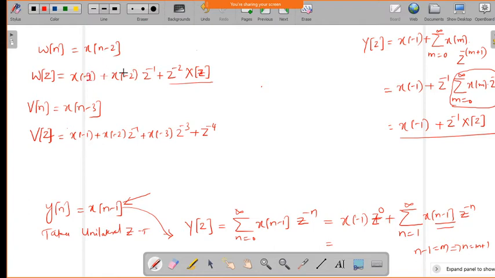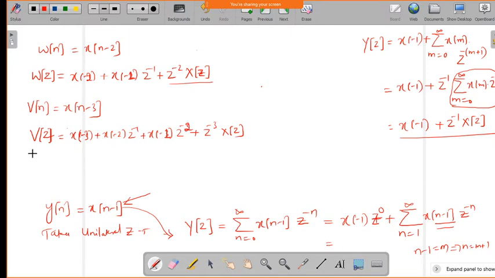So it is in descending order. Because if you put n equal to 0, you will get the initial value x of minus 2, and x of minus 1 into z inverse, then z power minus 2 into x of z. And similarly here x of minus 3 will come. So first the initial value, then x of minus 2 into z inverse, then x of minus 1 into z power minus 2, then you will get z power minus 3 into x of z.